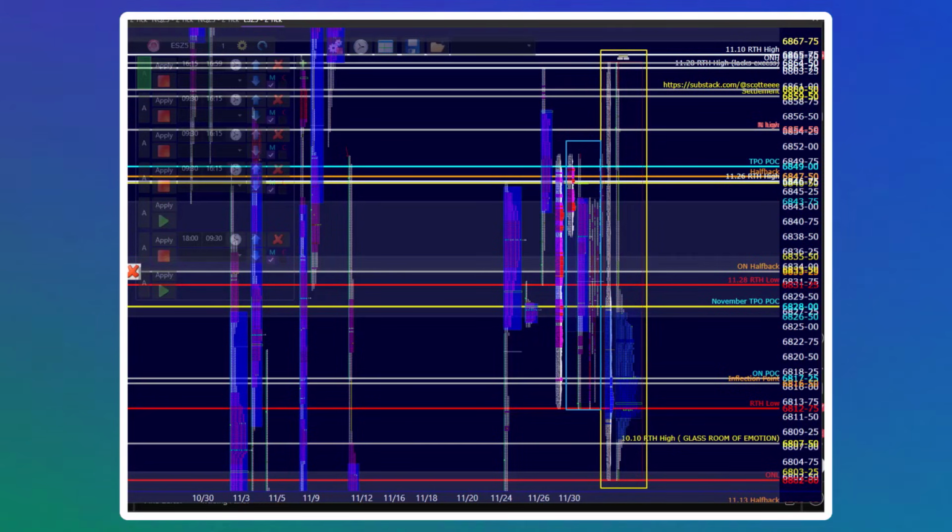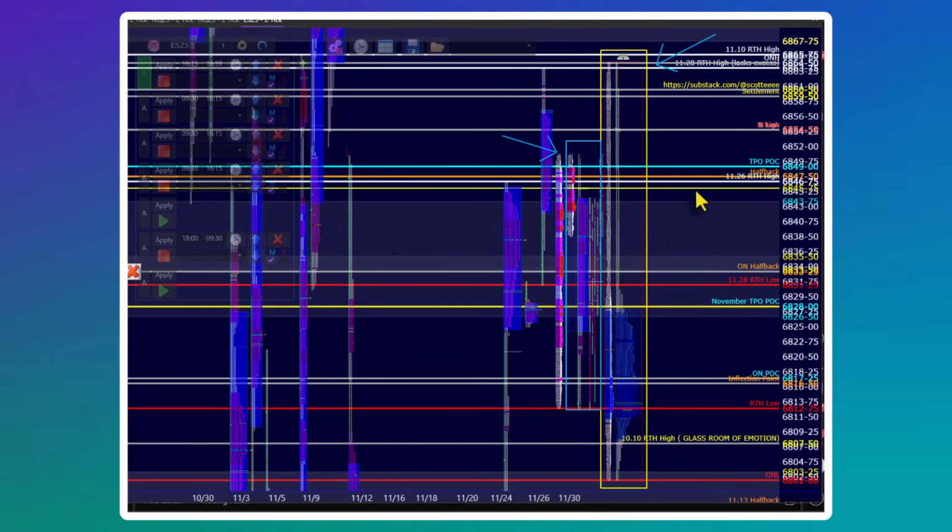I'm coming at you from the futures room over in the live trading suite, bringing you a shadow short. It is the middle of the day on December 1st, so we got a new month. This is the ES profile. It's in single tick increments, and the yellow rectangle is the overnight session, and the blue rectangle at this arrow over here is today's RTH session.